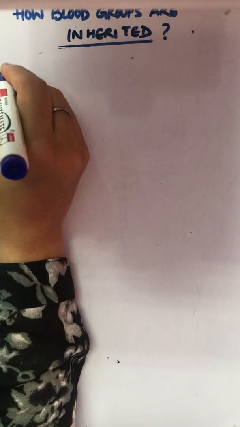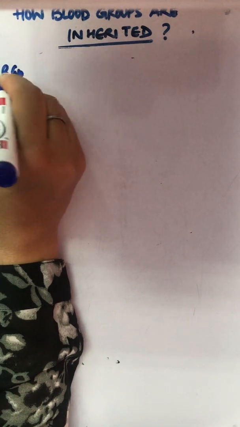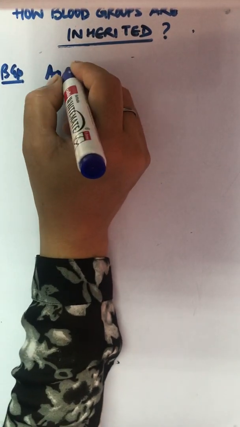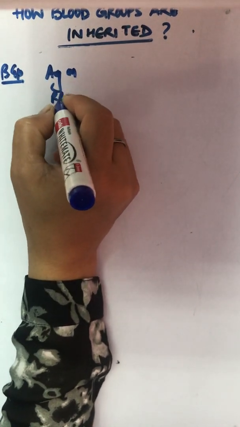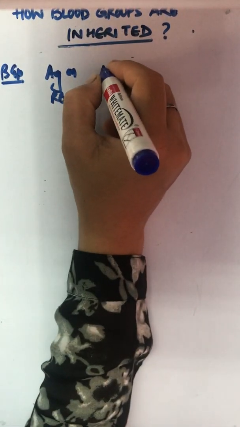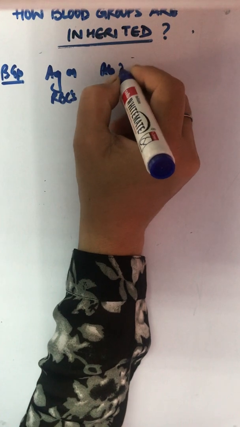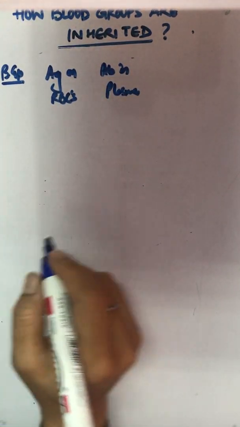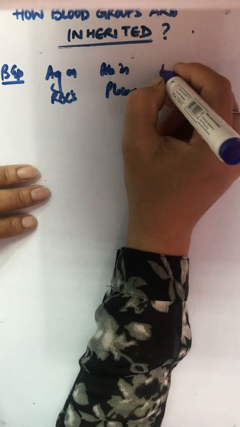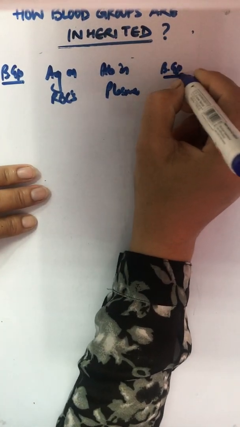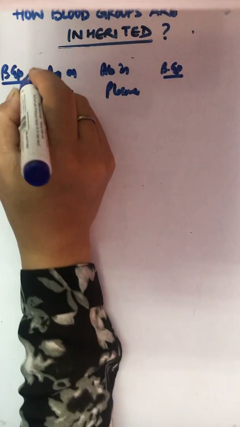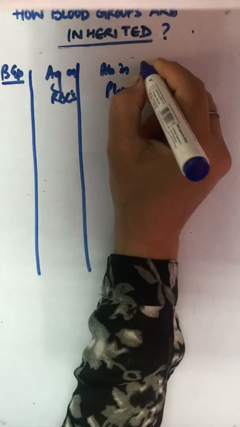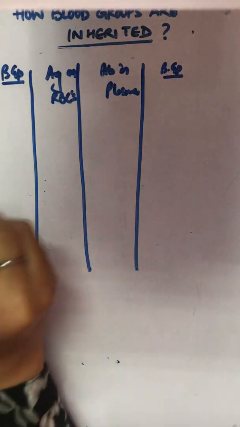Just to remember a few things, we say what could be the blood group, what is the antigen on RBCs, what would be the antibody in plasma, then the blood group, and we are going to formulate it.